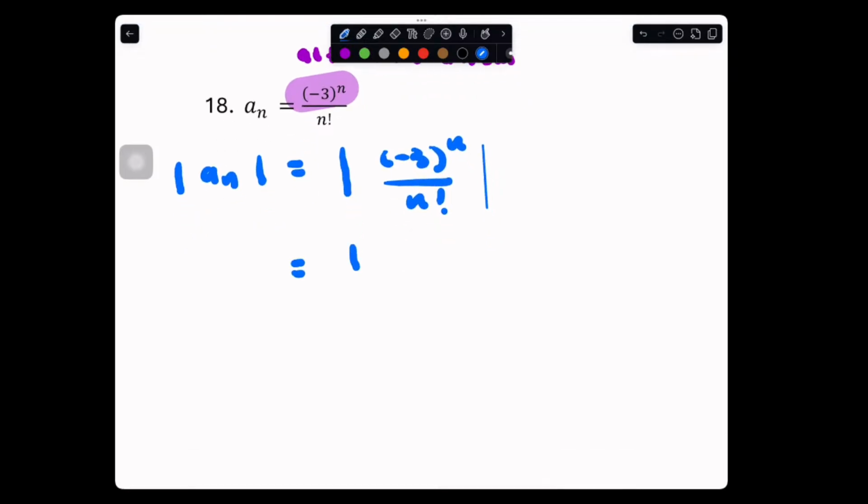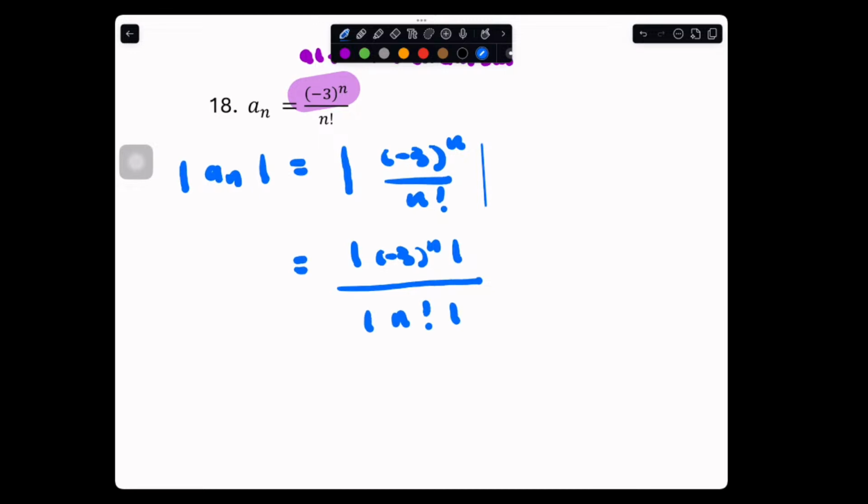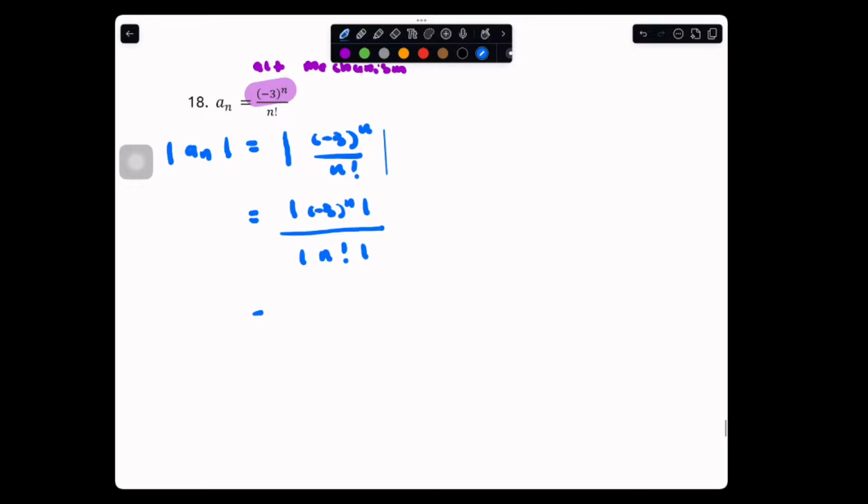So, using properties of absolute value now, that's going to be negative 3 to the n in absolute value divided by n factorial in absolute value. So that's going to give us the absolute value of negative 3 to the n, which is really 3 to the n, that numerator, over n factorial.